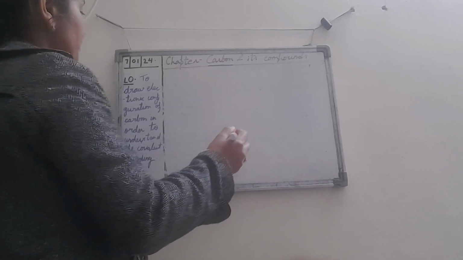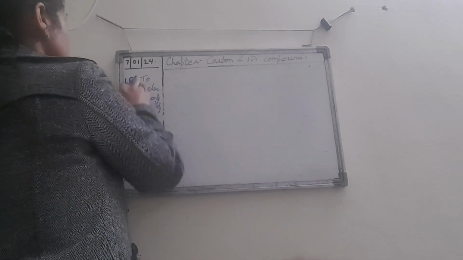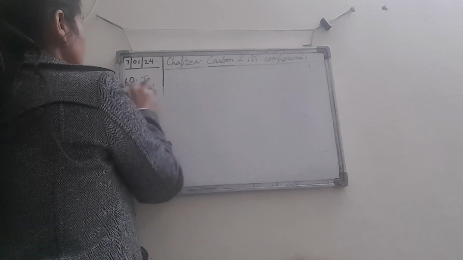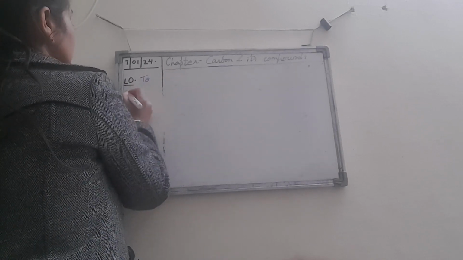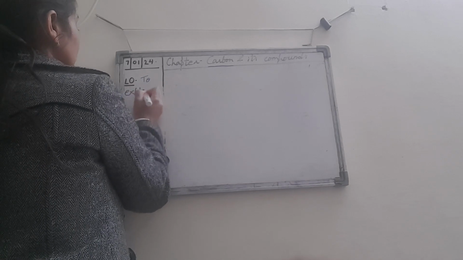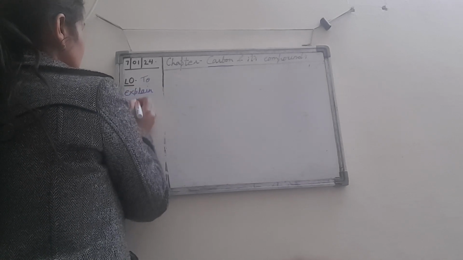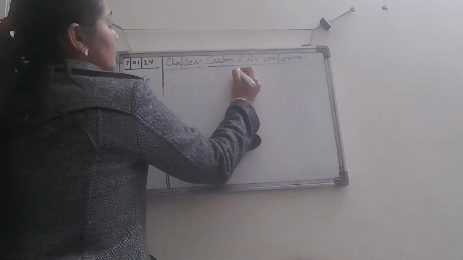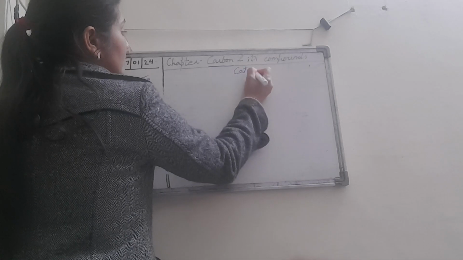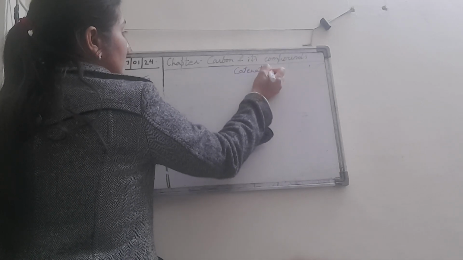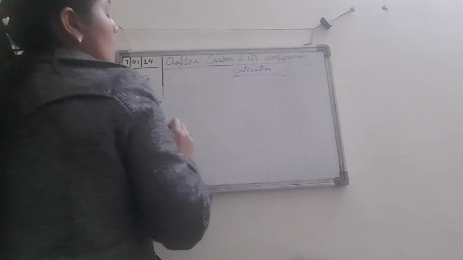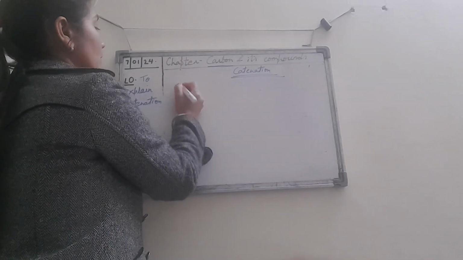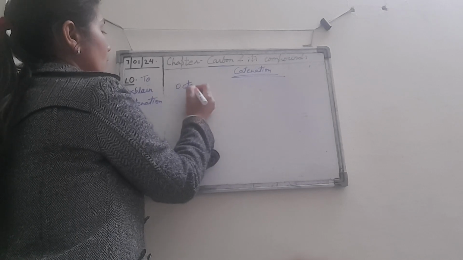So now we will discuss a property, that is catenation. What is catenation? So to understand the catenation, we will discuss example of octane.